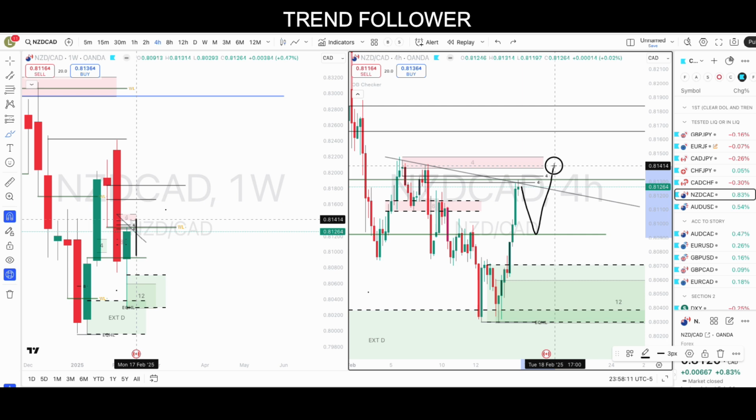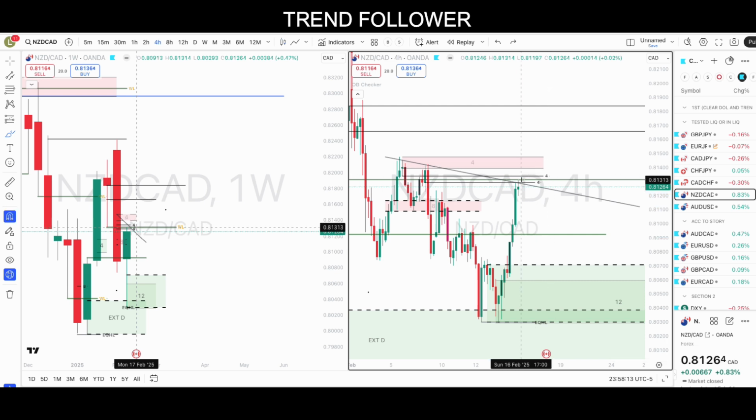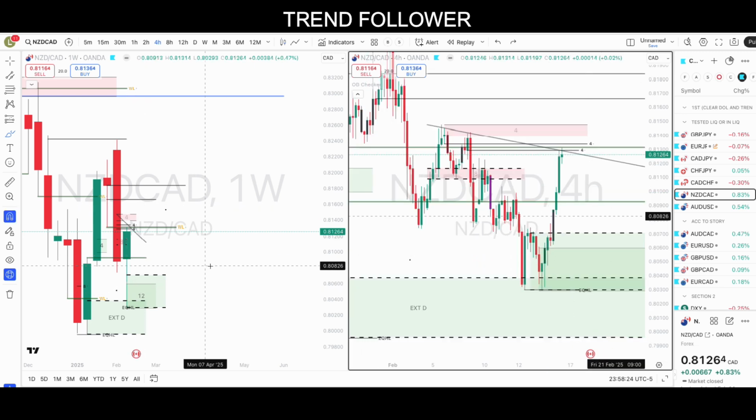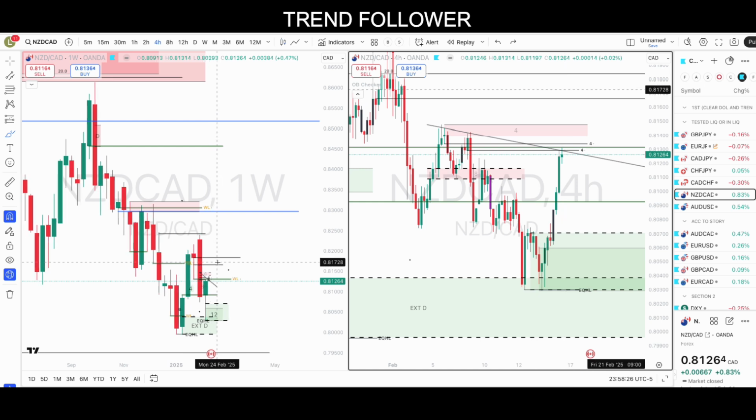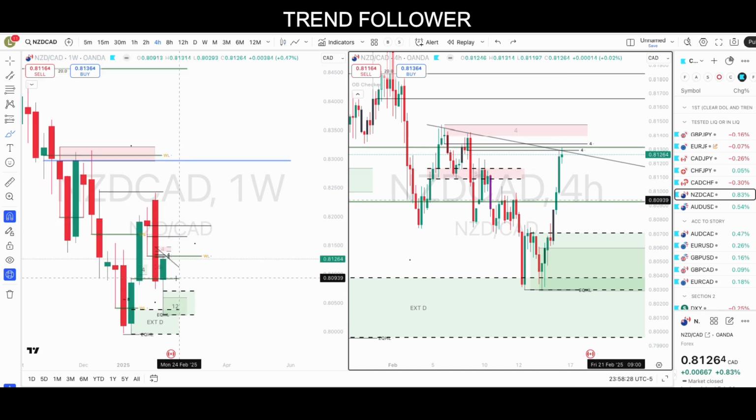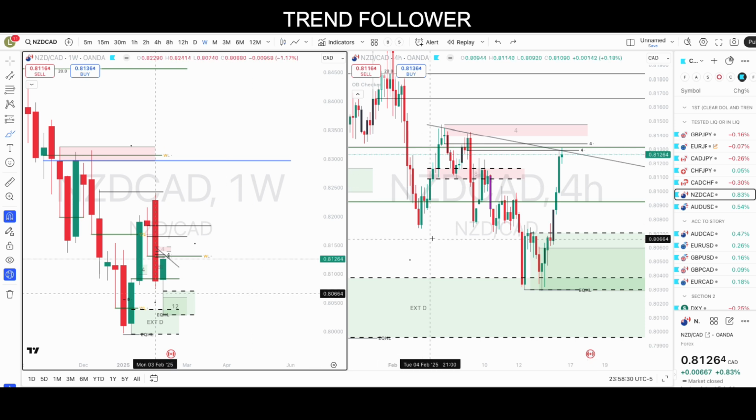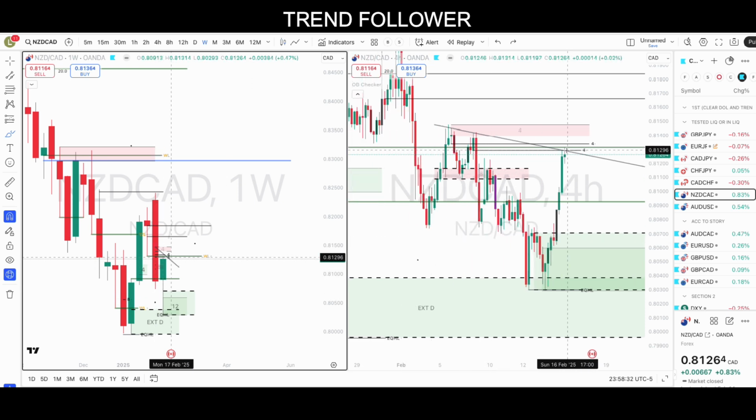And that for me is manipulation, right? So ideally, what I would like to see is it come down and during odd news or NZD news, manipulation, and then it comes down, right? So that's the way I'm seeing this right now. I don't see any chance of a completely green candle, so I don't think so. I think there is some manipulation going to happen on NZD and odd this week.